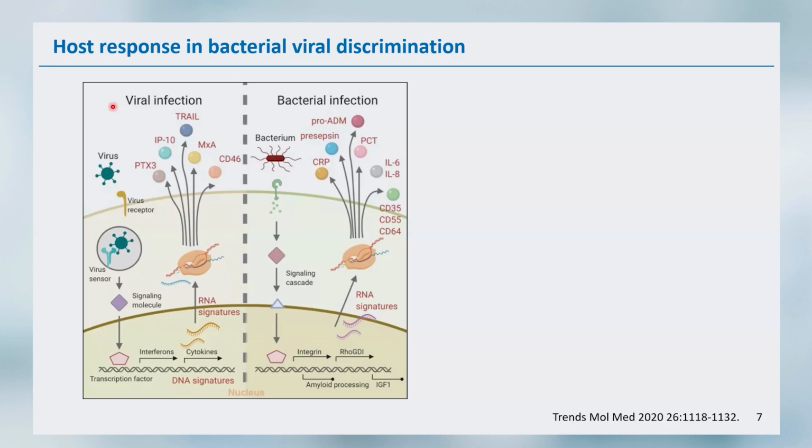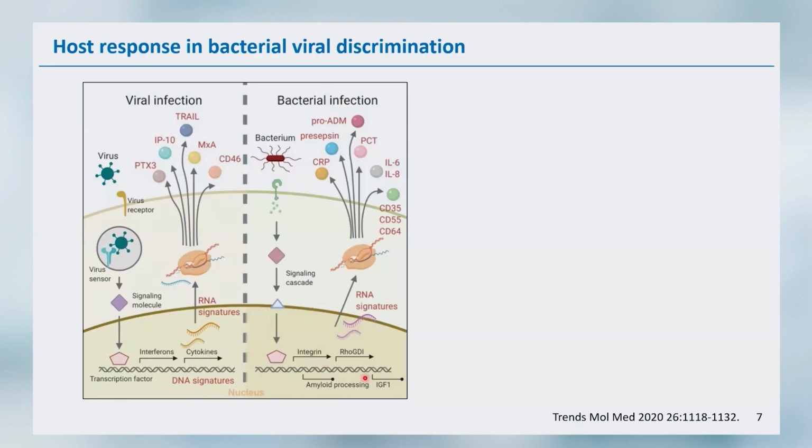However, a very interesting factor in our host immune response to infection is that when we're infected with a virus, we produce a set of molecules that is distinct from that produced when we're infected with bacteria. And the signals that a viral infection induces are elaborated both in the messenger RNAs, or the gene expression response to that infection. And those are also different from those that are induced by bacterial infection.